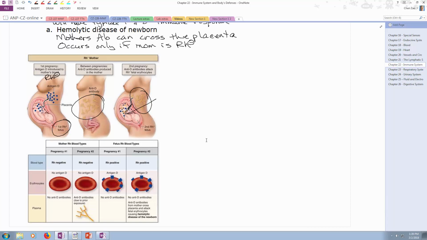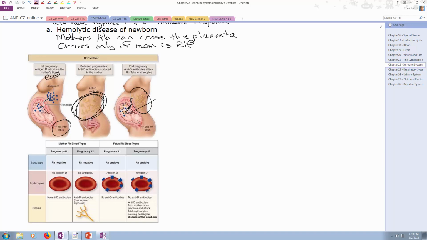What we do to stop this process from happening is we actually apply passive immunity to the mother. So she gets a RhoGAM shot. Typically, Rh negative mothers are given a RhoGAM shot at around 28 weeks because then we actually have antibody floating around in mom's system that is not the type that will actually cross the placenta.